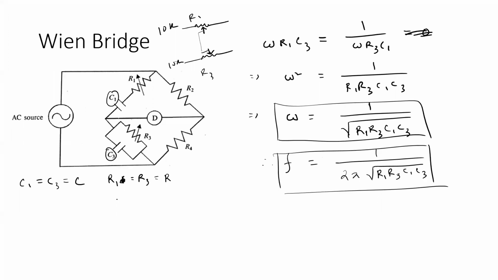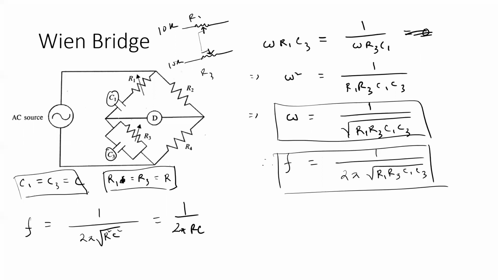So in that case, our expression for the frequency, we can write it to be 1 divided by twice pi RC. So this further simplifies the calculation, and while we are following these two conditions, another condition has to be followed or ensured, that is, what should be the values of R2 and R4.